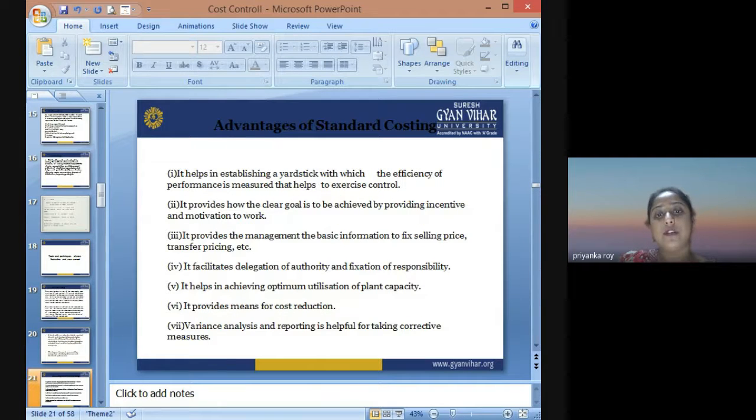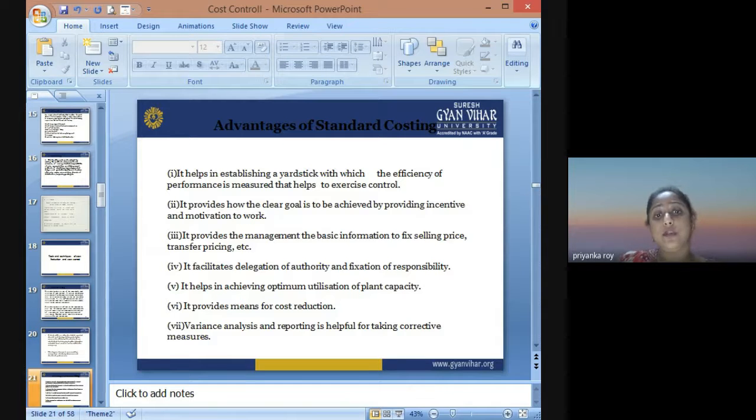Advantages of standard costing: it helps in establishing a yardstick with which the efficiency of performance is measured, with the help of which to exercise control. It provides a clear goal to achieve by providing incentives and motives to work.